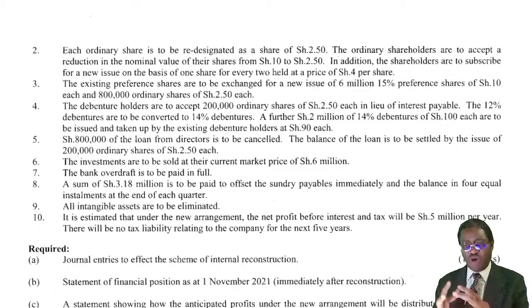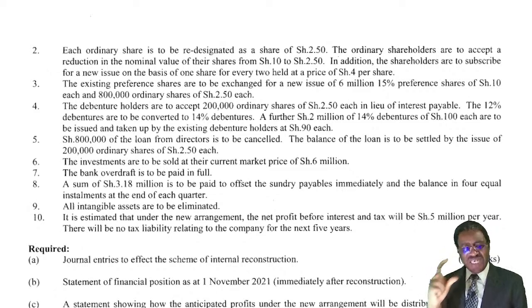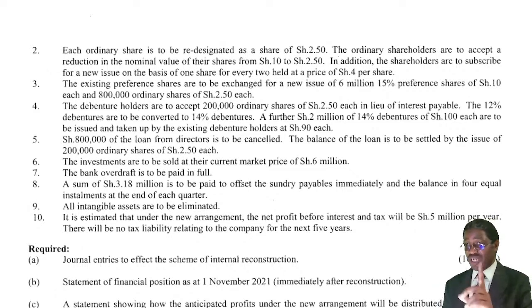In lieu of the interest payable. I want you to follow that statement keenly. I've told you this was an interesting question. It came in 2004. It seems now they saw it was a good question. They want to repeat it.